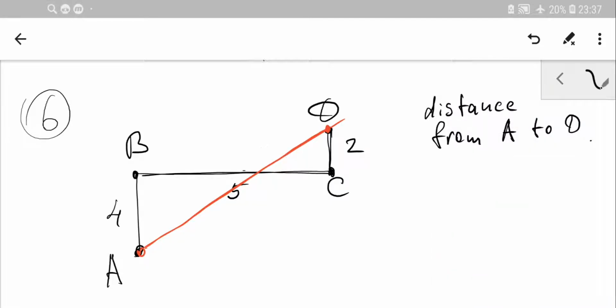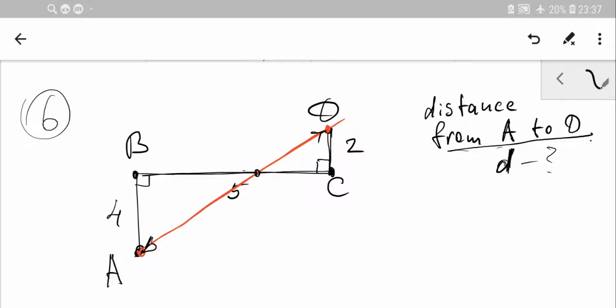Let's say this red line, I mark as X. No, actually it's distance, so we'll use the letter that makes more sense. So D, distance, okay? I mark this as D. All right, so we need to find D. Okay, this red segment is D.